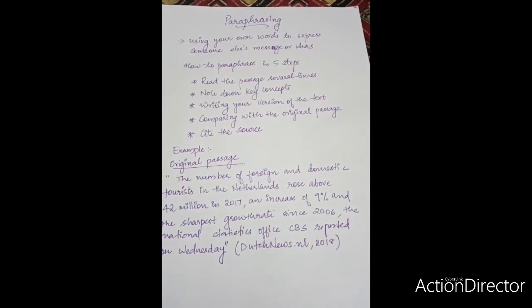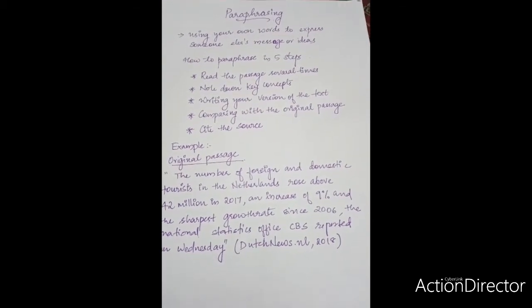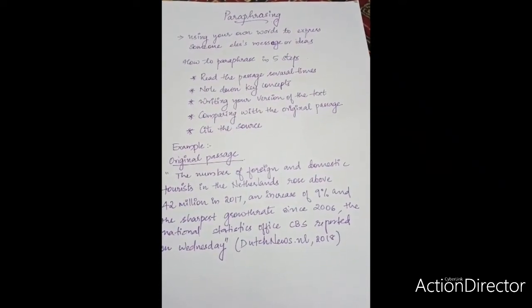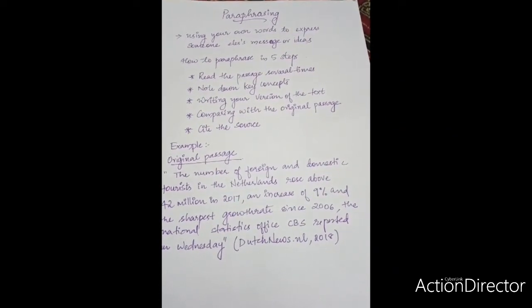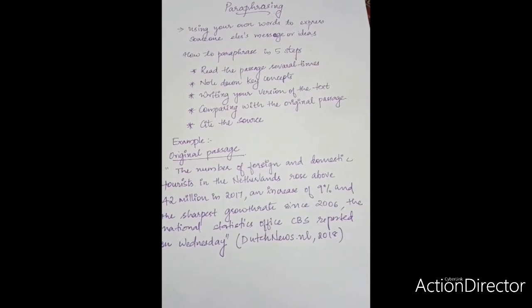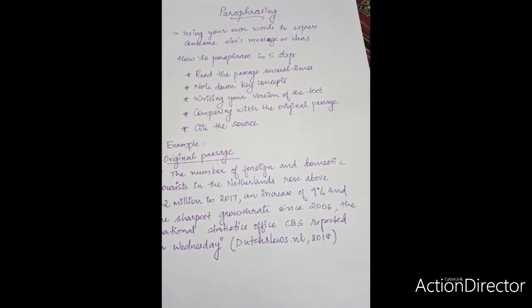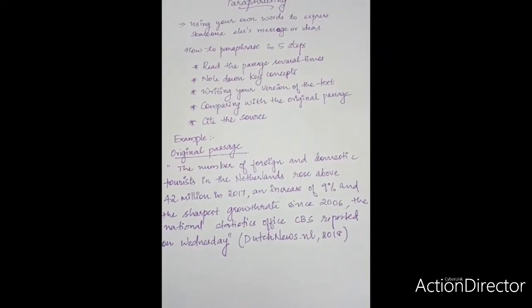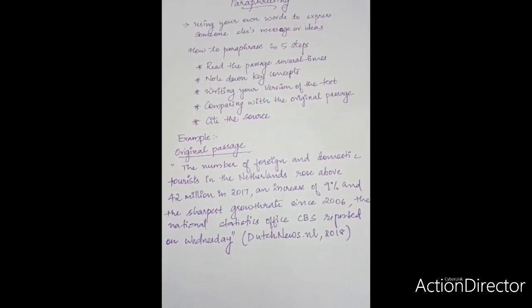We cannot use similar words or similar sentences, but we have to use something similar to that. The last step is to cite the source where you found the idea. So these are the 5 steps to paraphrase.